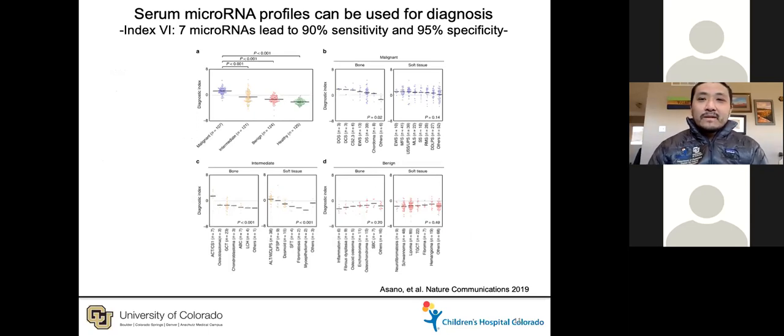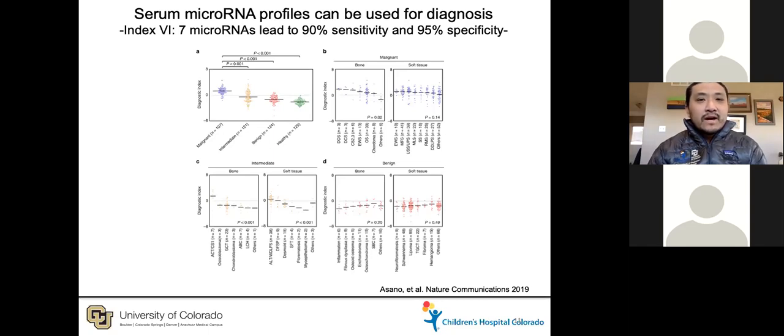Another version of looking at RNA would be looking at microRNA profiles. This is a paper that was published by a Japanese group from their National Cancer Center. Looking at 1,000 patients, they found an index, which they call index 6, made up of 7 distinct microRNAs, all by microarray.